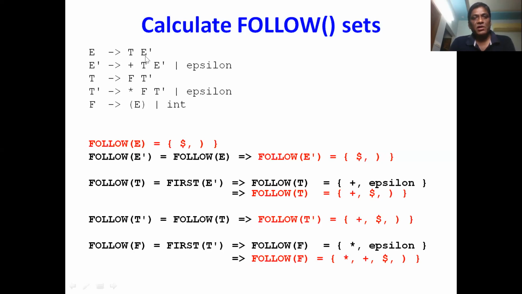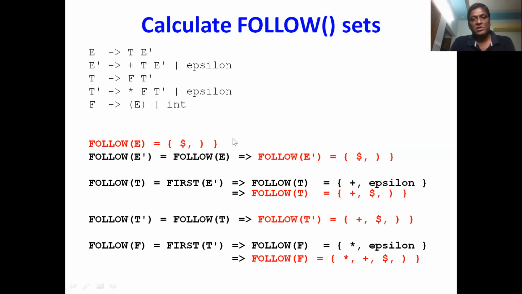So if any variable is followed by epsilon, then its follow set is same as the follow set of the LHS variable. Please focus. If follow of E dash is to be calculated, because there is no symbol following E dash, it means follow of E dash is same as follow of E. Okay. So follow of E dash is equal to follow of E.